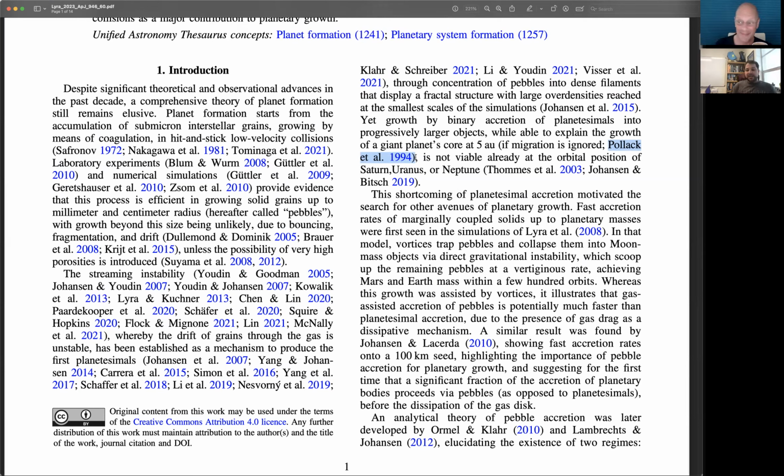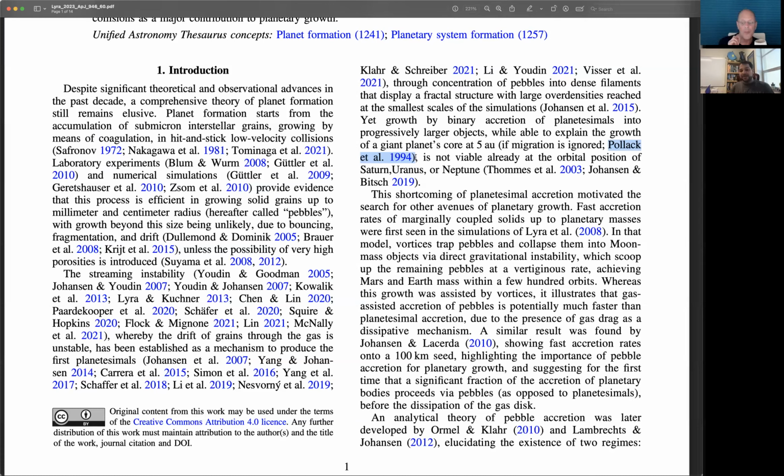And back in the 2000s, you were seeing that if you have gas in the system, which is the environment where planets are born, you can significantly accelerate the planetesimal growth, not by having the planetesimals collide with other planetesimals, but by having the first planetesimals that form accrete the little rocks that are suffering gas drag.